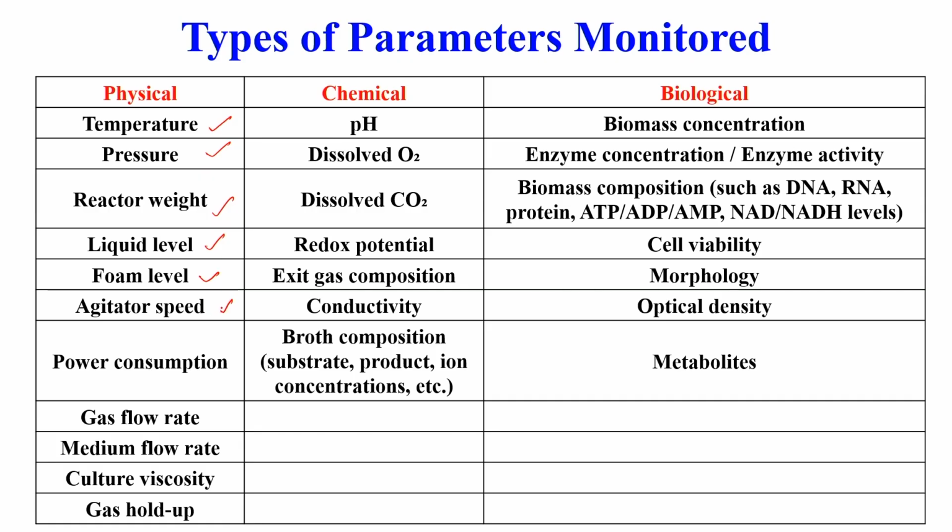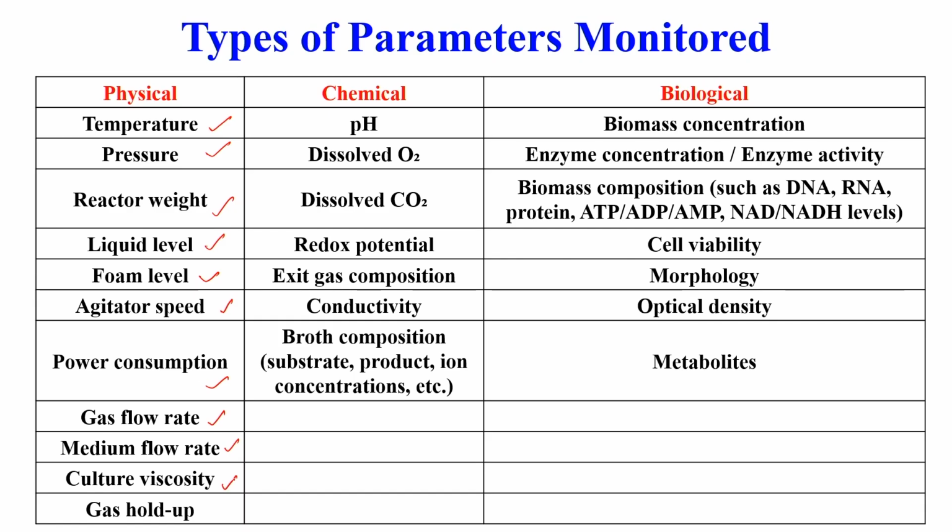Agitation speed, what is the RPM, that needs to be maintained, and if you are having this agitation or mixing, you need to monitor the power requirement. Gas flow rate, particularly in the case of aeration. Liquid flow rate, if you are working with continuous culture or fed batch culture, you need to continuously or intermittently feed the substrate.